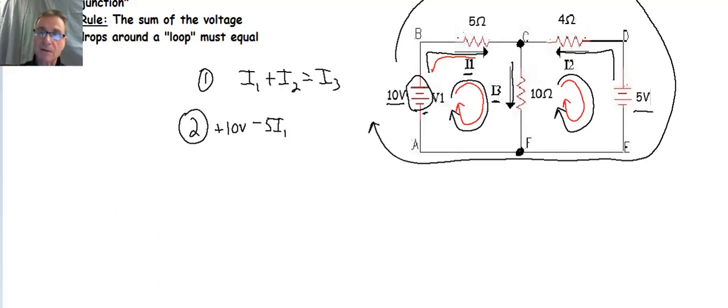I go back to red here. Continue around my loop, and I get to the 10 ohm resistor here. The current direction I have chosen for I3 is in the same direction as my analysis, so this is also going to be a voltage drop. So it's going to be minus 10 times I3.